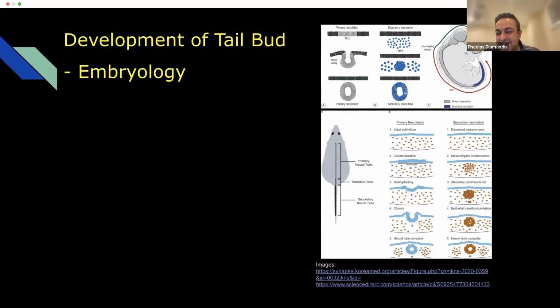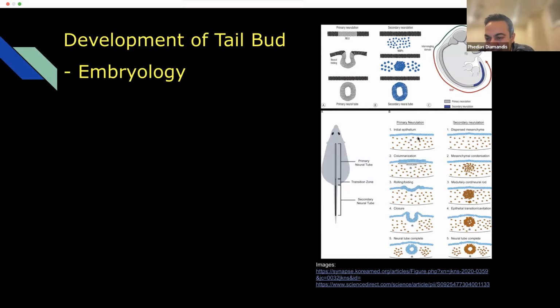Tail bud development, again, is a weird way to understand what the structure is. As the name implies, it's really a big component of the tail formation and other lower structures in animals. And unlike neural folding and neural tube formation in primary neurulation, you have a condensation of multipotent cells from the mesenchyme that condense together and form a secondary neural tube just at this lower region of the spinal cord.